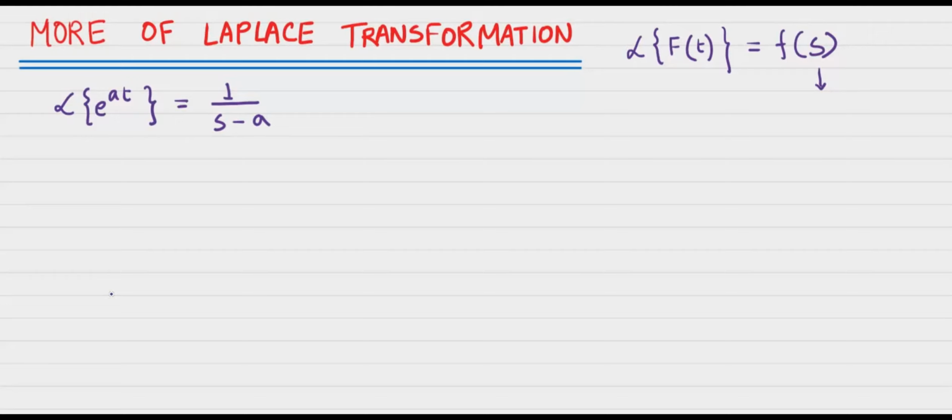So we're going to use this particular transform, along with the properties we studied in the last video, to extrapolate the Laplace transformation of functions which can be written as an exponential or a combination of exponentials.